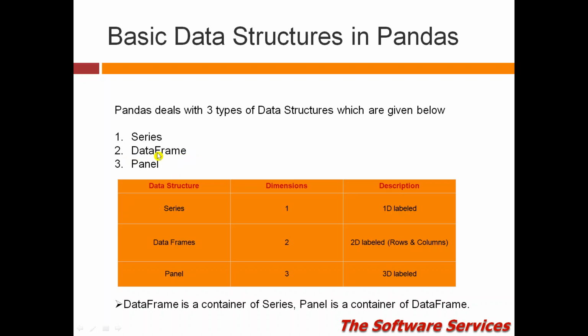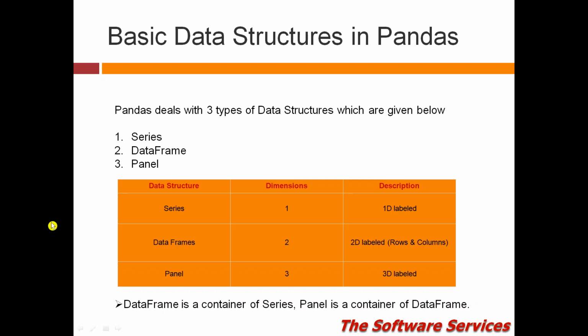Data frame, as I discussed earlier with you, is nothing but a table. In MySQL and the database languages, we call it a table. And in Excel also, we are dealing with tables, no? Which consist of data represented in the format of rows and columns.